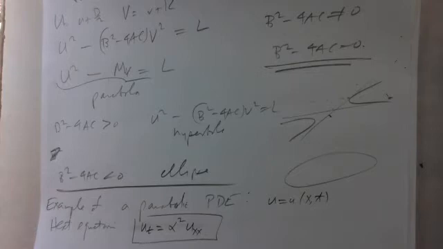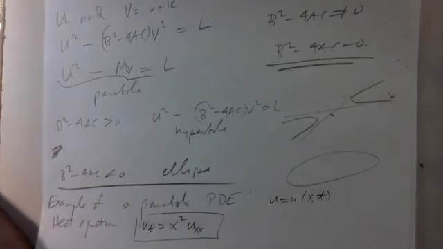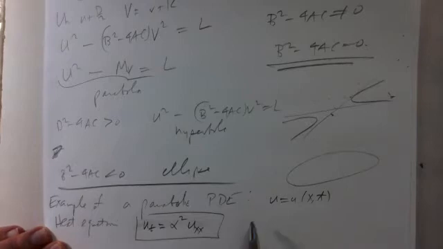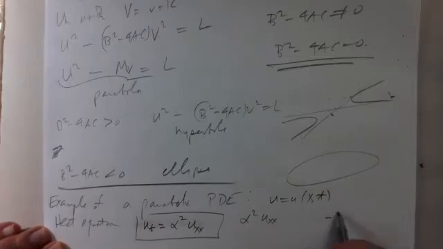What kind of equation is it? Is it hyperbolic, elliptic, or parabolic? Can anyone tell me? It's parabolic, right? Exactly, it's parabolic because if I rewrite it in the standard form, alpha squared uxx minus u sub t equals 0.